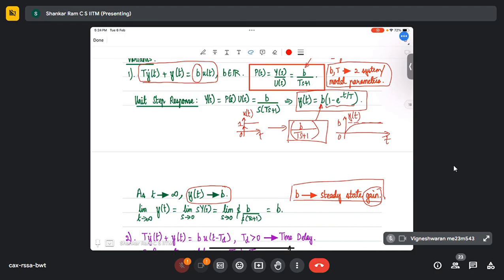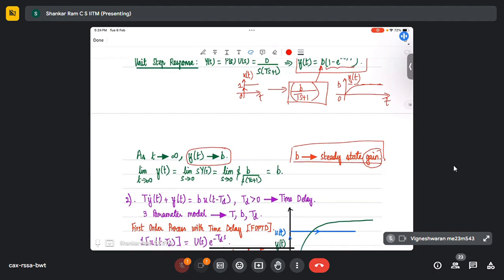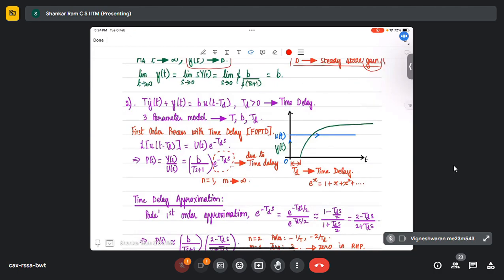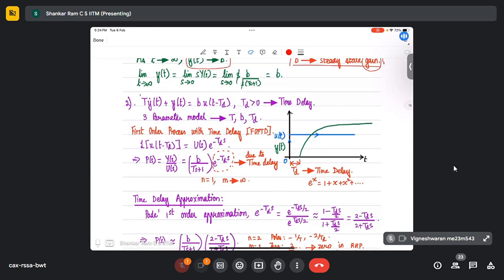Now there is another variant which is also very useful. This is essentially the model wherein we still have the time constant and the steady state gain B. But what is the new thing we have introduced? We have introduced this parameter TD, which is called time delay.